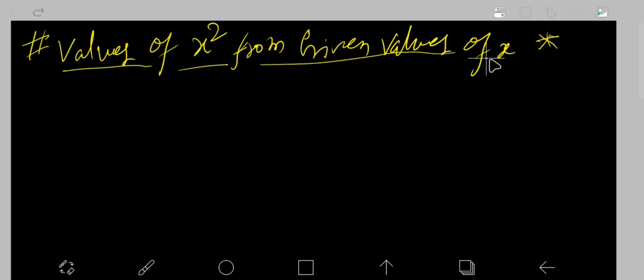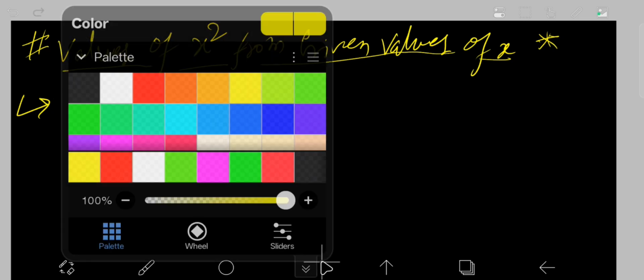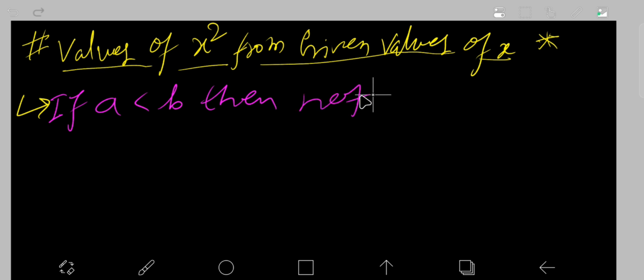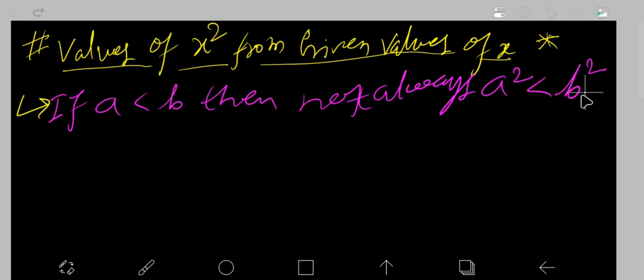How do we find the value of x? Just think, this does not happen every time. Write down this point: if a is less than b, then a square is not always less than b square.